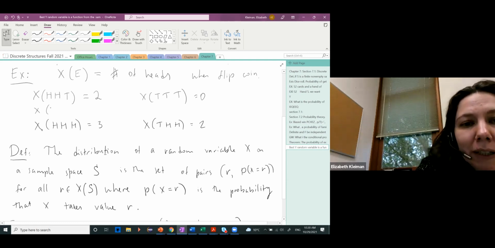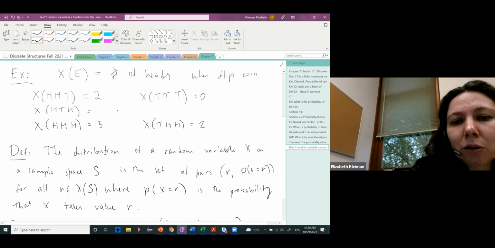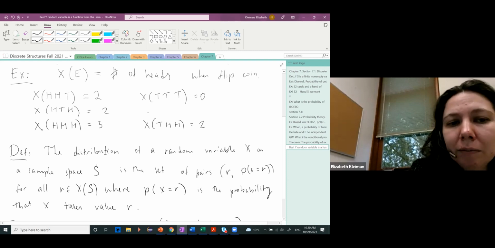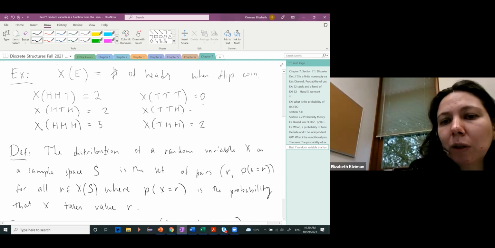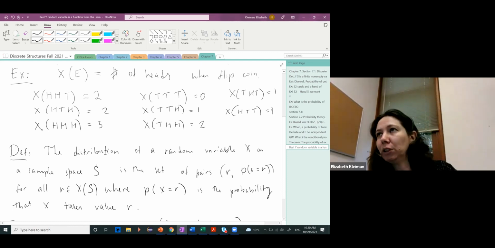I am missing head, tail, head, which is 2. Tail, tail, head, which is 1. Tail, head, tail, which is 1. And head, tail, tail, which is 1. I think now I have all possible options, correct?